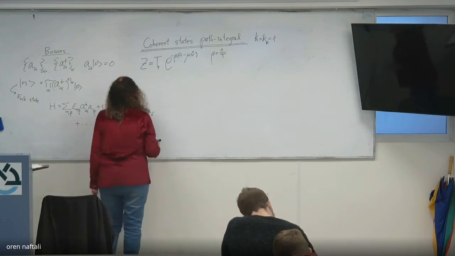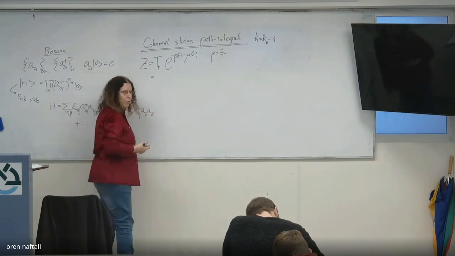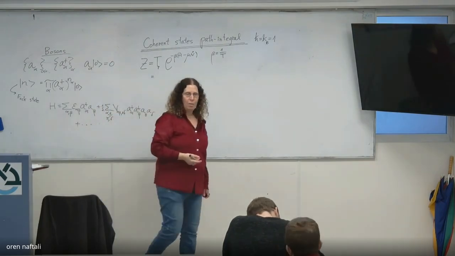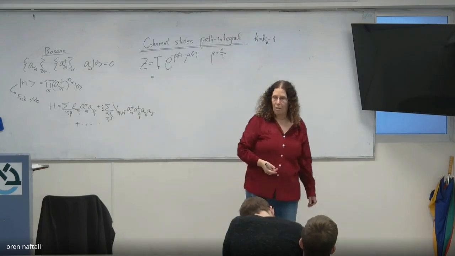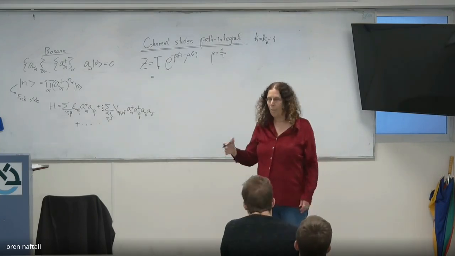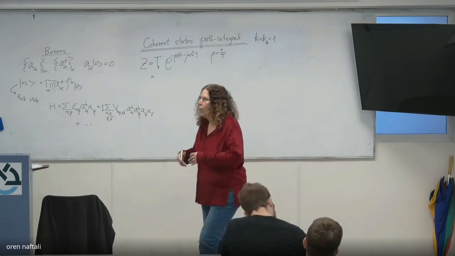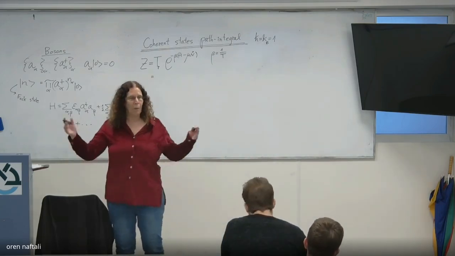Right, so what is the partition function? If we write it more explicitly, what is the definition of a trace? A trace is the sum of all the diagonal terms of some matrix. Suppose we write our Hamiltonian as a huge matrix in our Hilbert space.